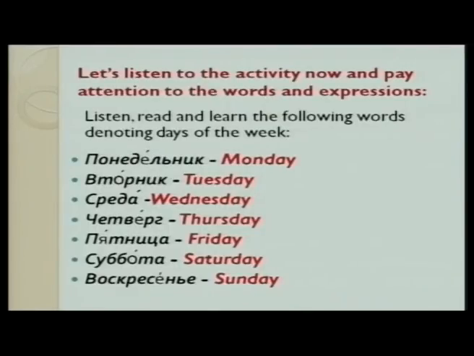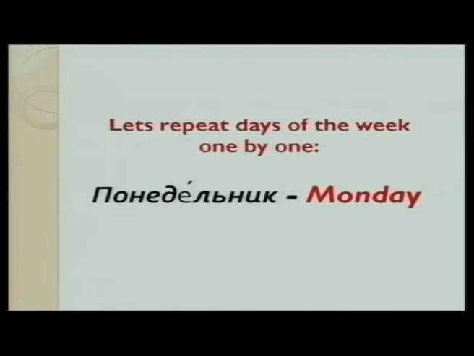Dear learners, as we have just learned once again about the days of the week, let us repeat them once again, then we will go to the next section. Неделя means the week. We have 7 days in a week. Let us revise them once again. Понедельник means Monday.